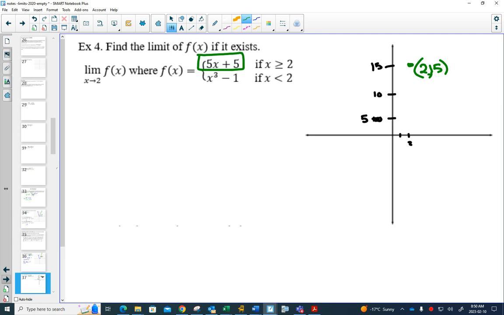And if I plug in 2 into the other graph, I'm going to get 2 comma 7. Five x plus 5.